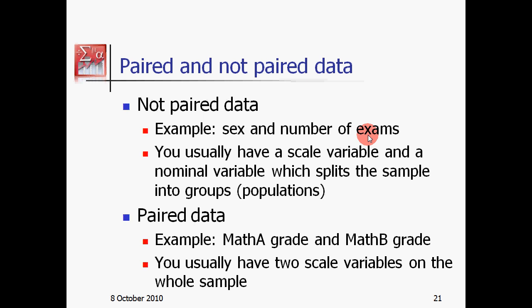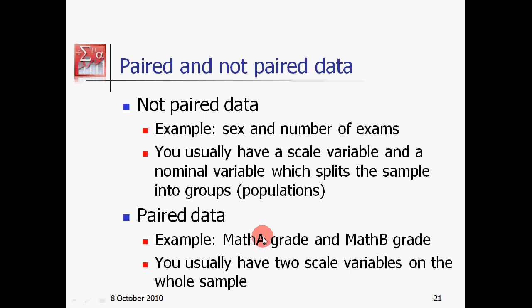In this case, the data are not paired. Paired means coupled. So there is not a correspondence in each number of exams in your set male with a corresponding number of exams in your set female. So the two groups are totally independent and not paired.